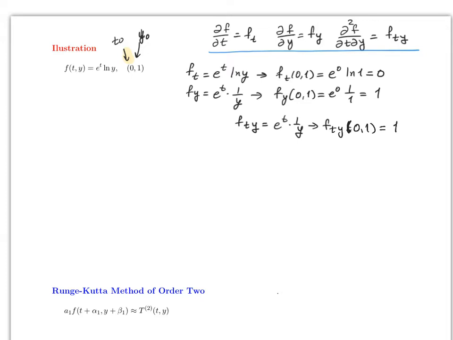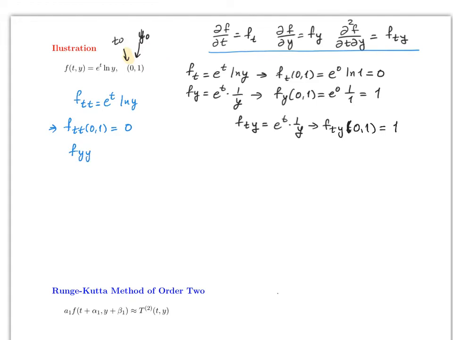Now f_t with respect to t, or f_tt, or double t, this will be e to the t ln y. So if you evaluate this at the point (0, 1), it is again equal to 0.